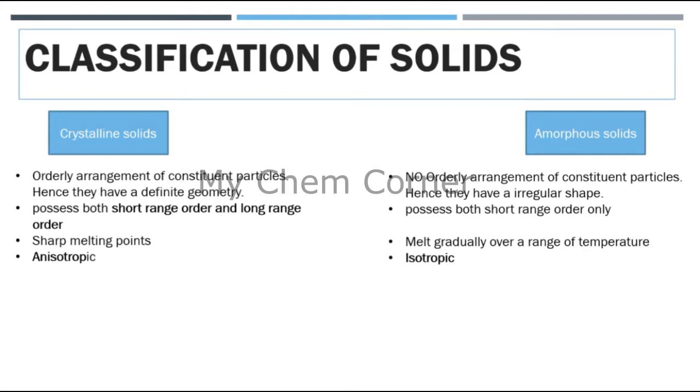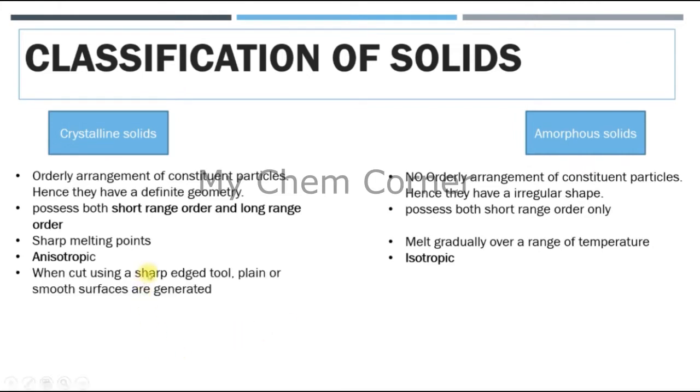So basically, crystalline solids are anisotropic, which means they will give different values in different directions. Isotropic for amorphous solids means they will give the same value in all directions. All these are based only on how the particles are arranged in that particular solid.